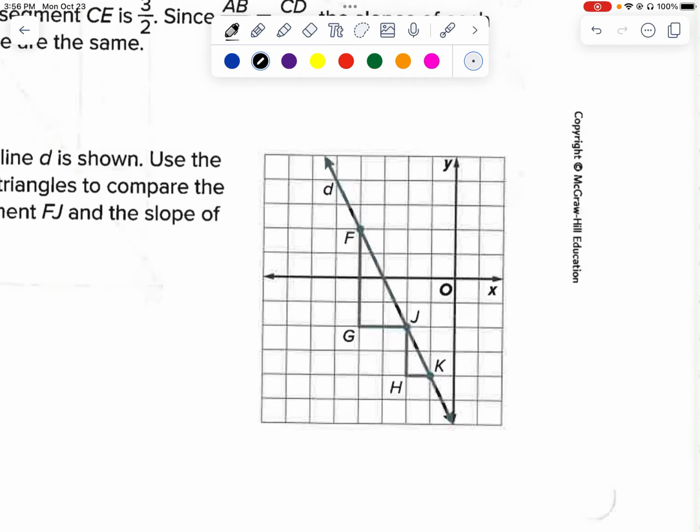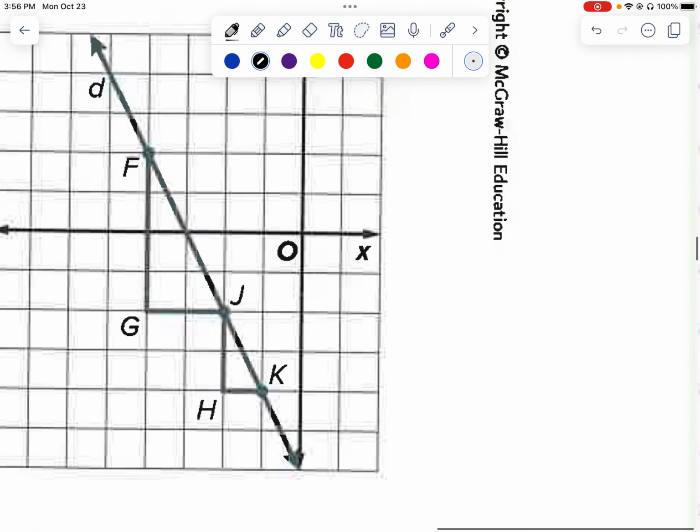So we're going to do the same thing here. Okay, I start here. I go down 2. Oh, I should have done this. The slope for this one is down 2, and I go over 1.